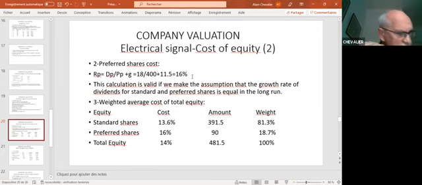And what you can do now is calculate the cost of total equity, with the standard shares cost 13.6 and the preferred shares cost 16%, okay? You take 13.6 multiplied by 0.813 and 16% multiplied by 0.187, and you find 14%.